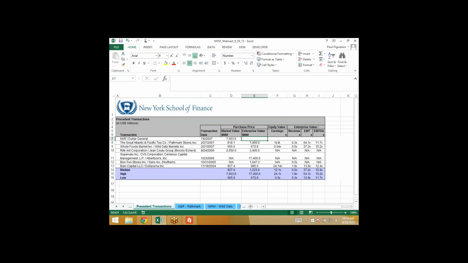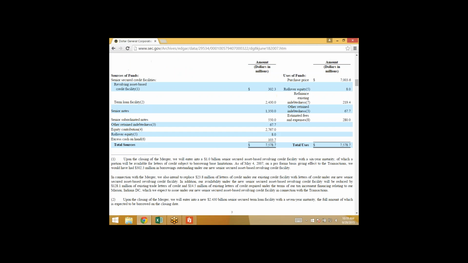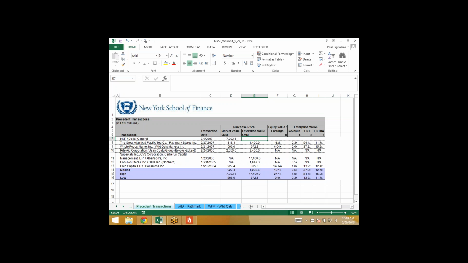And the enterprise value is that plus the debt absorbed, which they have right here: refinancing existing indebtedness and other retained indebtedness, 219.4 and 67.7. I will use those. So the enterprise value is the market value plus 219.4 plus 67.7.